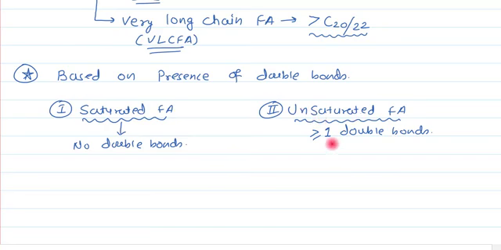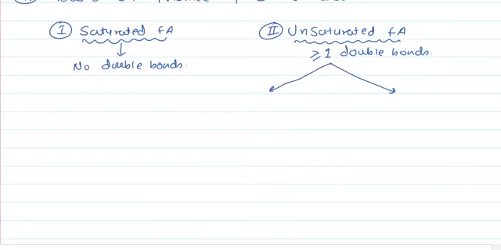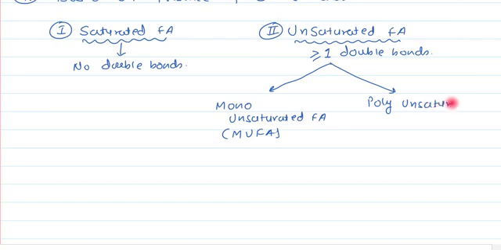Now this unsaturated fatty acid is further divided into two groups. One group is monounsaturated fatty acid, also known as MUFA. And the second one is polyunsaturated fatty acid, whose short form is PUFA.